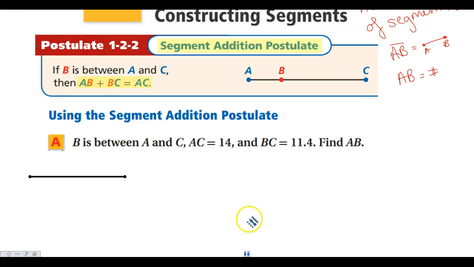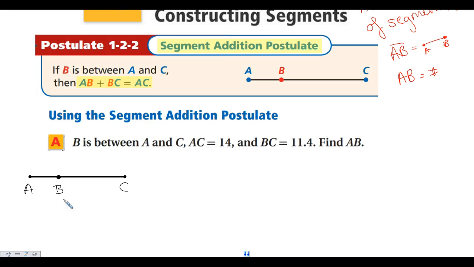And I am going to label my segment A and C, because it says B is between A and C. So I know that I am looking at A and C as the endpoints of my segment. Okay? And then B is somewhere between them. So I'm going to put a point B on my line.